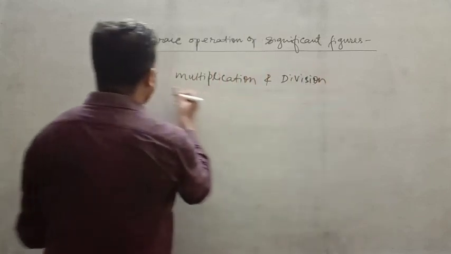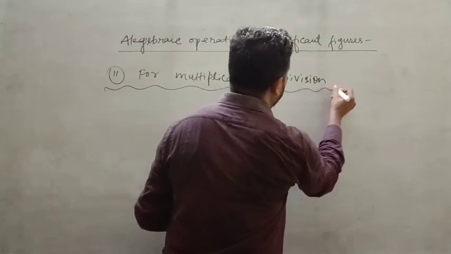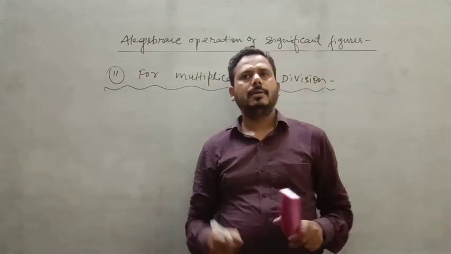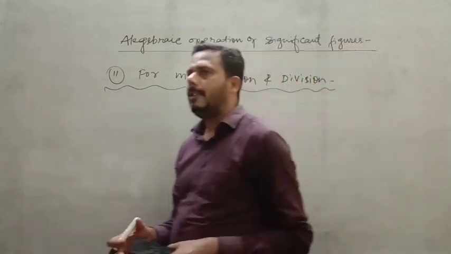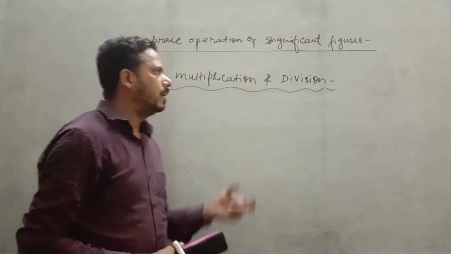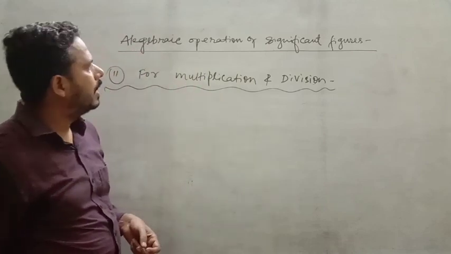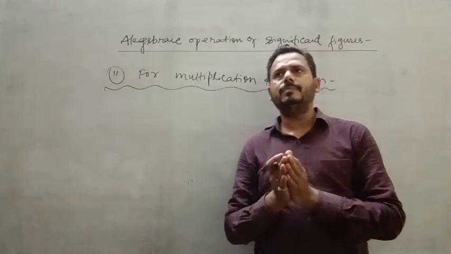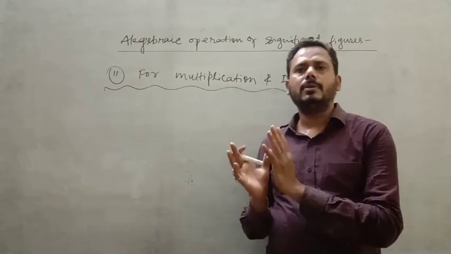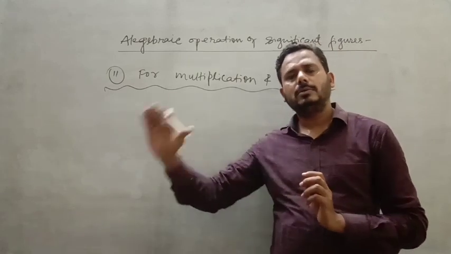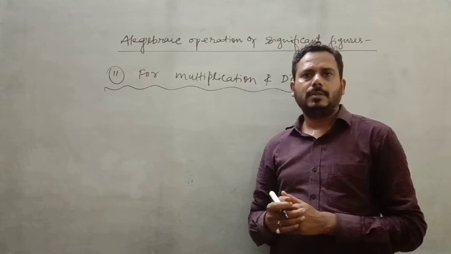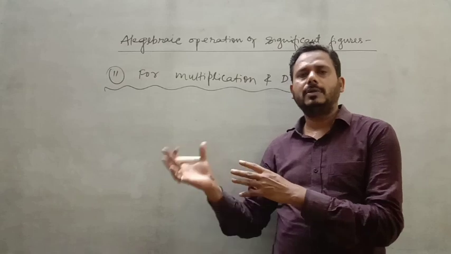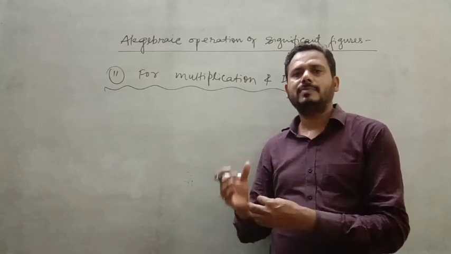For multiplication and division, we have one rule, just like addition and subtraction. See here, what happens in multiplication and division. Here you have to take the least significant number throughout the given numbers. Whatever is multiplied and whatever is divided, you have to take this one in its resultant.